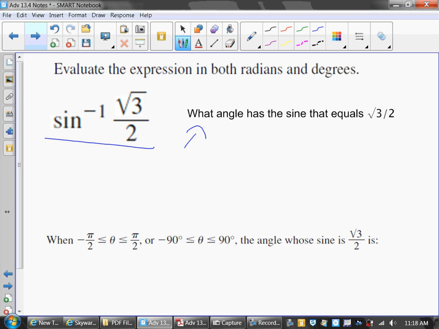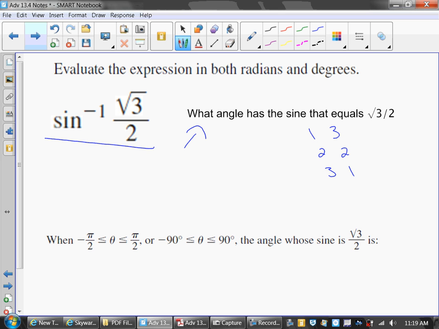Since the sine value is root 3 over 2, that's the y-coordinate. Remember, this is why I gave you that trick: 3, 2, 1, 1, 2, 3 for your ordered pairs.